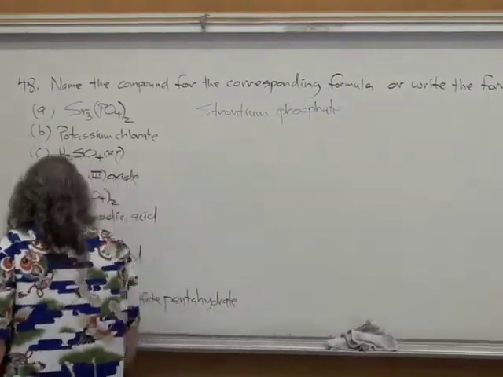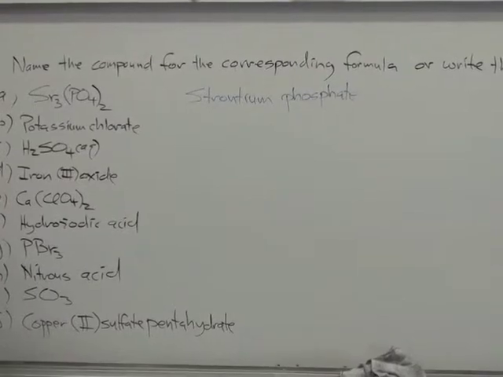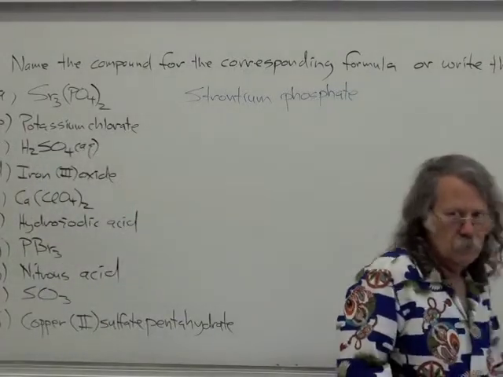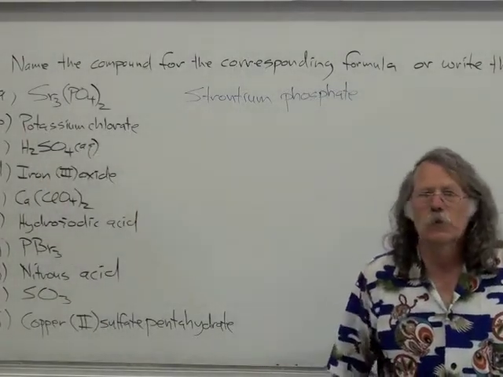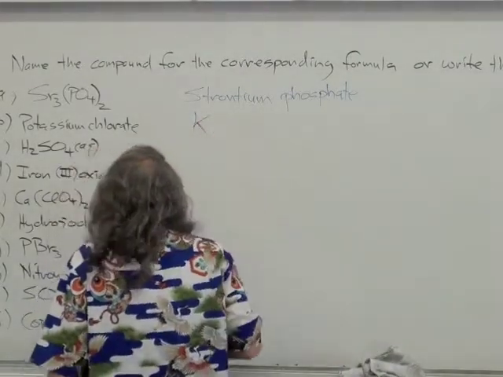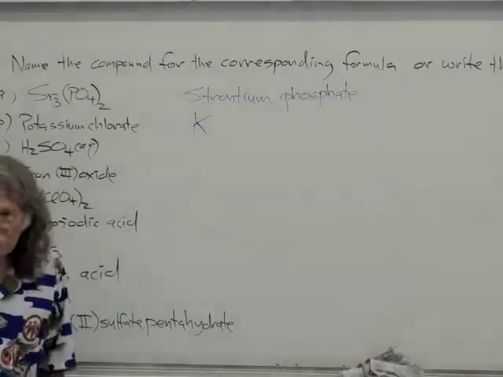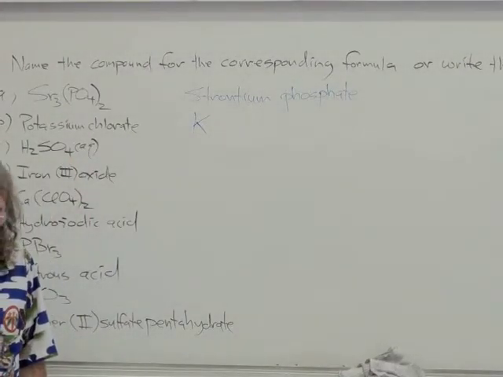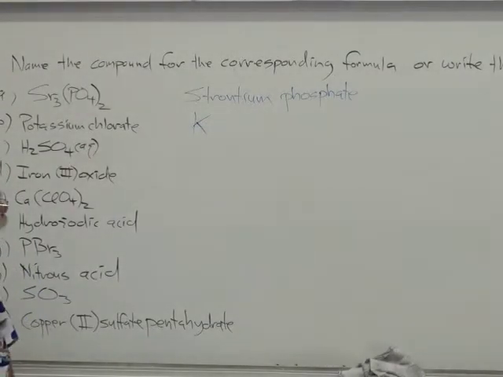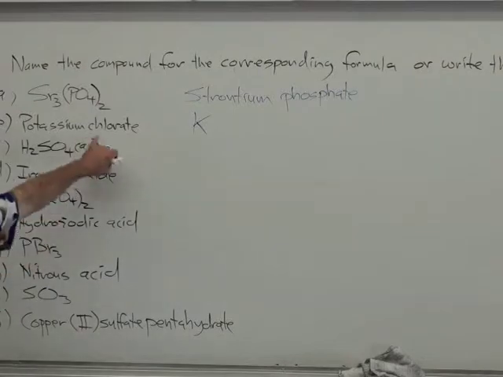Now, for the next one, I am given the name and I have to come up with a formula. What goes first when I write the formula out? The metal, or the cation, and that is the symbol K. By the way, this is case sensitive when we give the symbols, so it's always an uppercase K, never a lowercase k. Okay, potassium. Now chlorate.